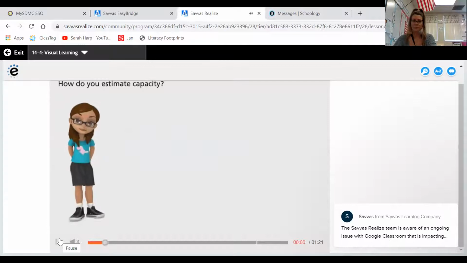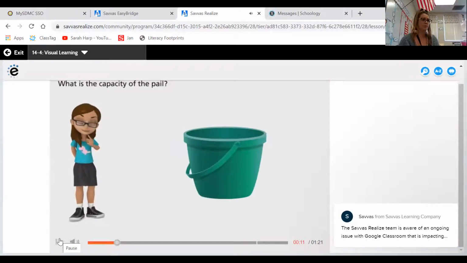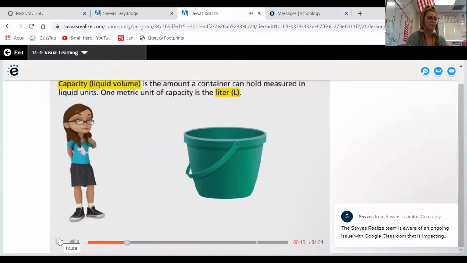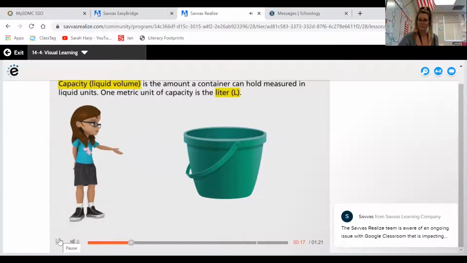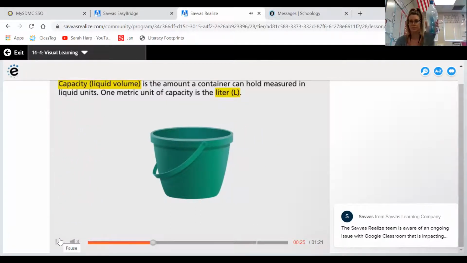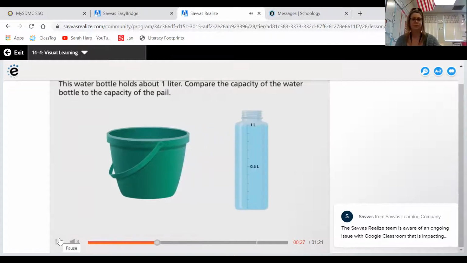How do you estimate capacity? What is the capacity of the pail? Capacity, or liquid volume, is the amount a container can hold measured in liquid units. 1 metric unit of capacity is the liter. This water bottle holds about 1 liter.